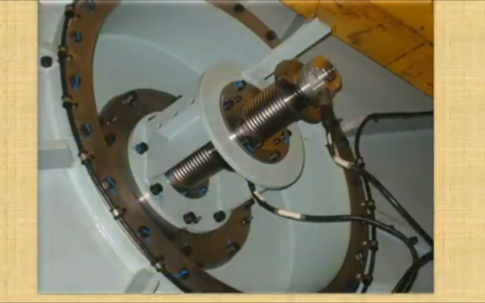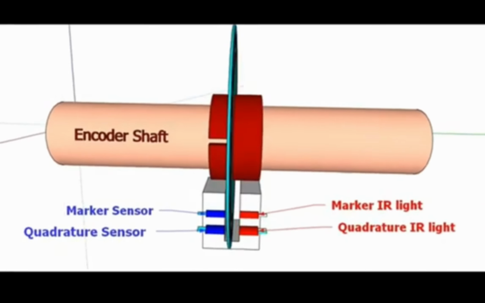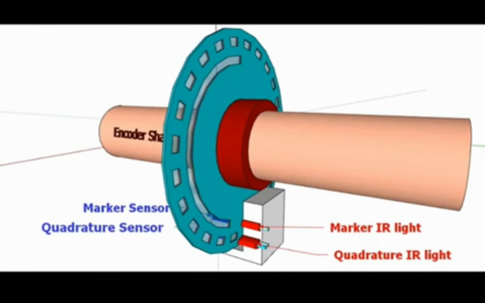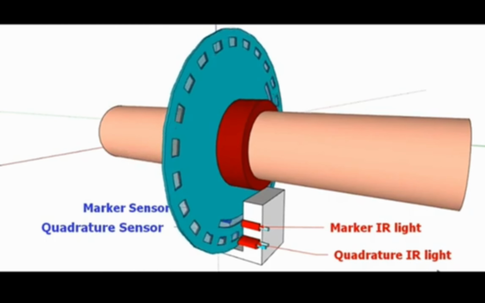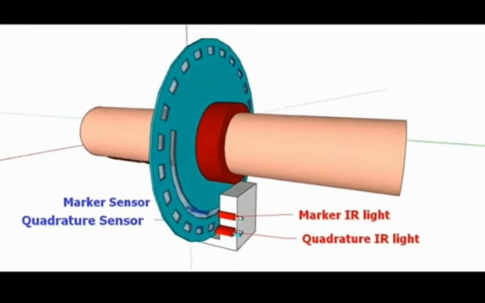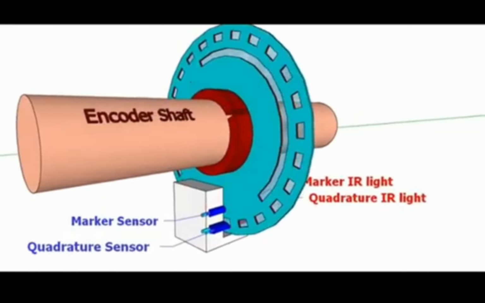This is the actual photo of the main engine, and now I will tell you how the encoder is working. It is just like a disc. It is rotating along with the shaft, and this setup has infrared lights on one side, and the disc has transparent windows.